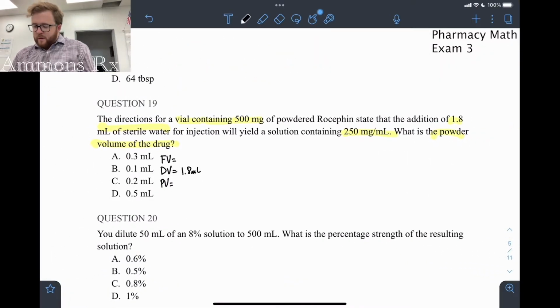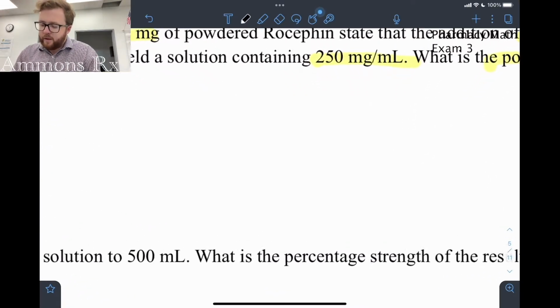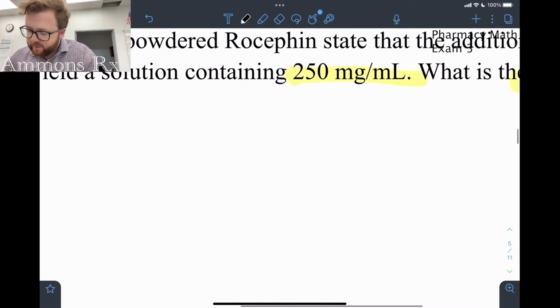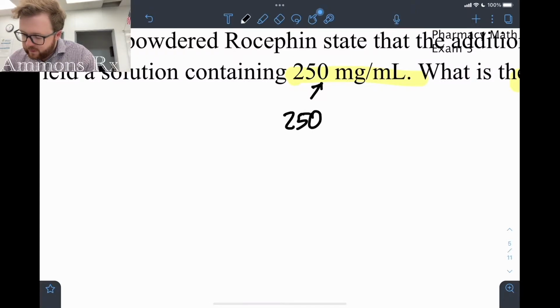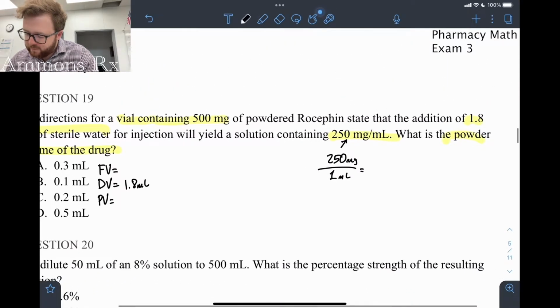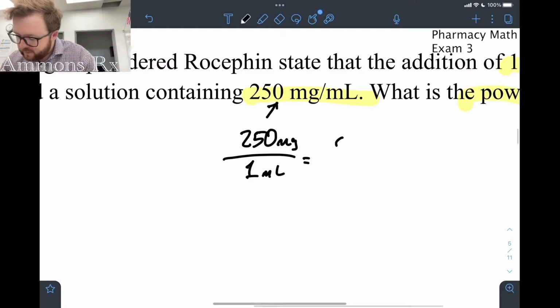Okay, so like you probably remember from the last one, when it says final concentration, that's going to be directly linked to our final volume. So we have 250 milligrams per 1 mil. And then how much drug do we have? We have 500 milligrams.